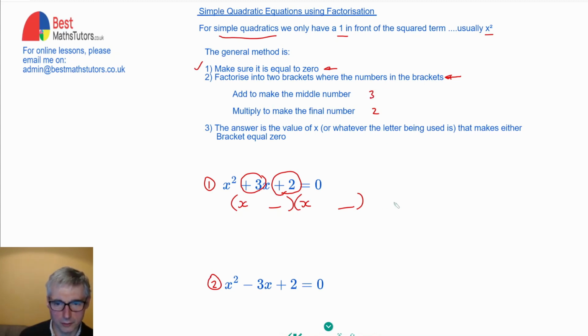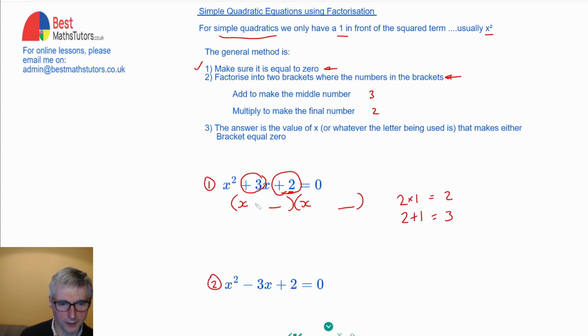Well, the numbers that would work for that are 2 times 1, which would give us the 2, so that gives us the final number. And also, if we added the 2 and the 1 together, they would make 3, which is right for the middle number there.